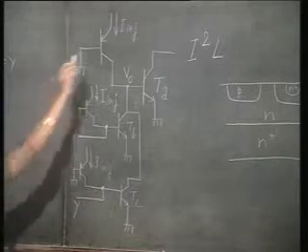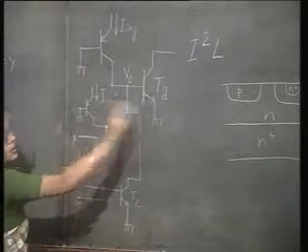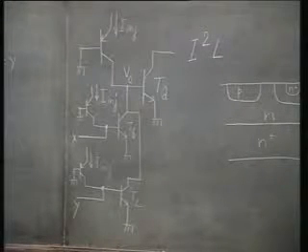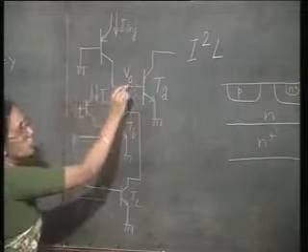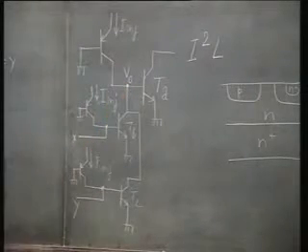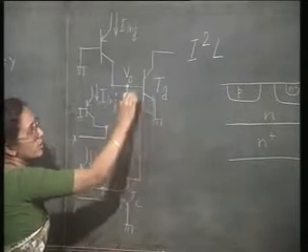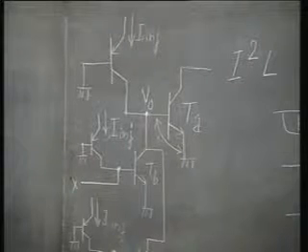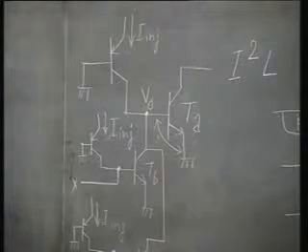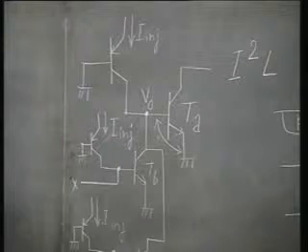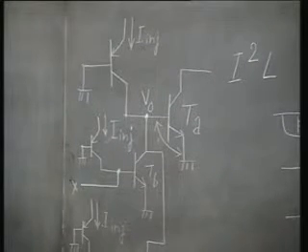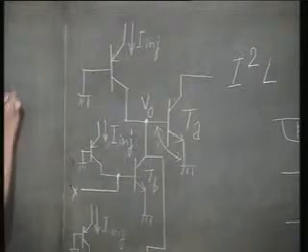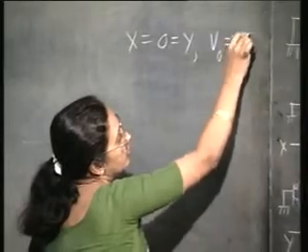In that case, the current has only one path to flow, that is in the transistor TA. And then what is going to happen to the output voltage? The output voltage is simply the base emitter drop of this forward biased diode. TA is an NPN transistor, right? So, this is only the base emitter drop of the forward biased diode. How much is that? 0.7 volts. So, when X is 0 and Y is 0, V output is 0.7.